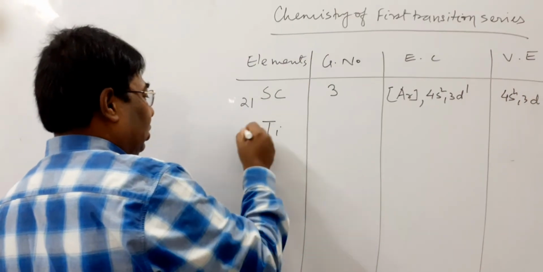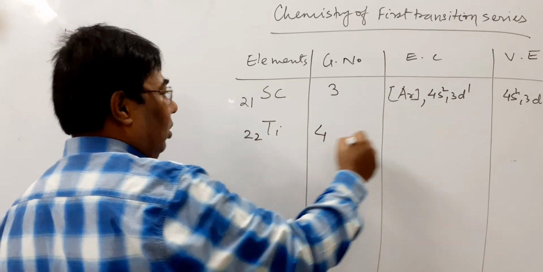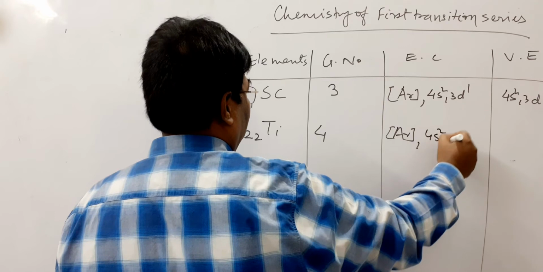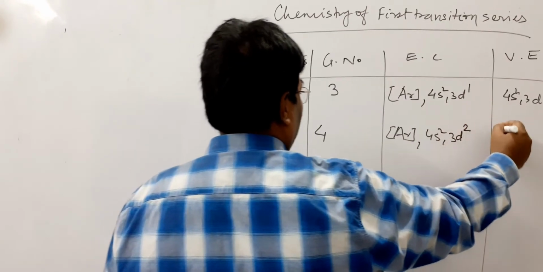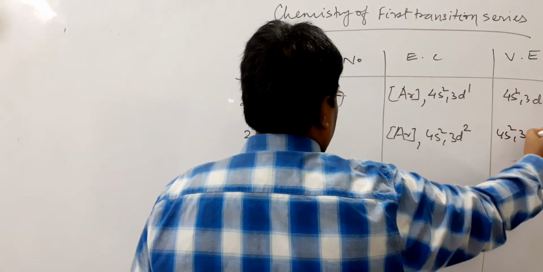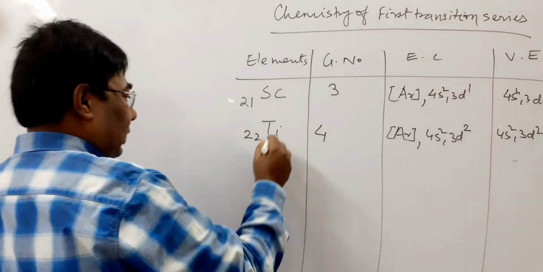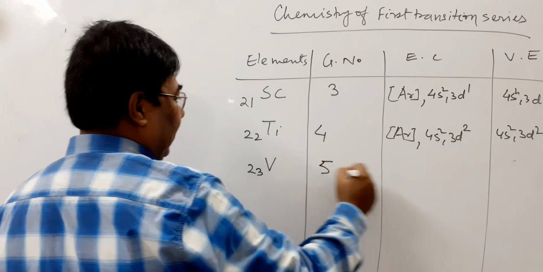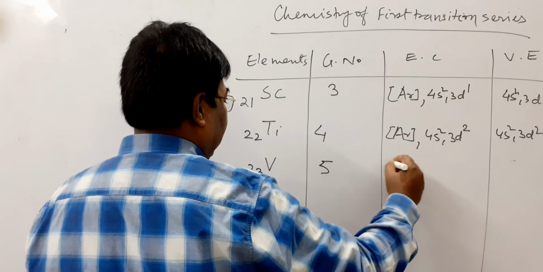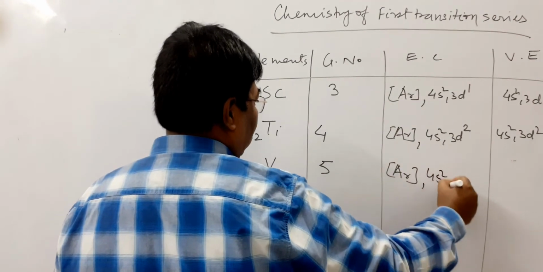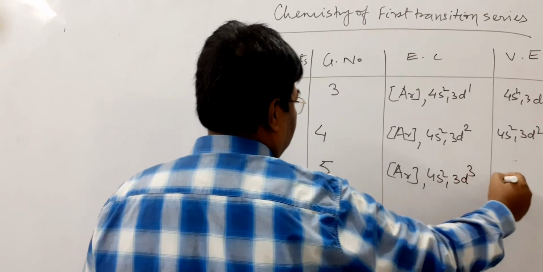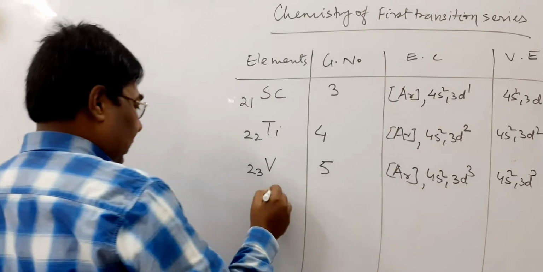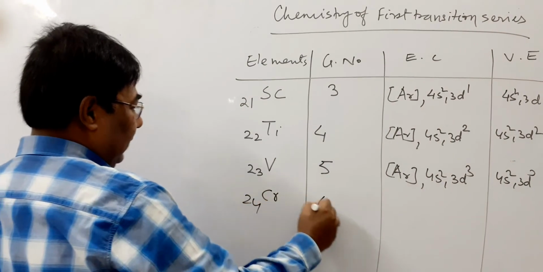Now titanium 22, group number 4, argon 4s2 3d2. Then vanadium 23, group number 5, argon 18, 4s2 3d3.